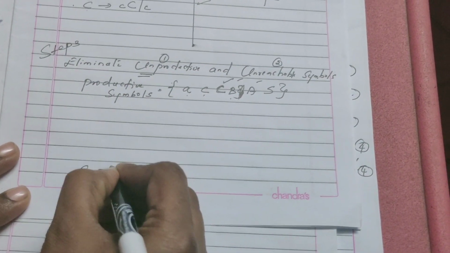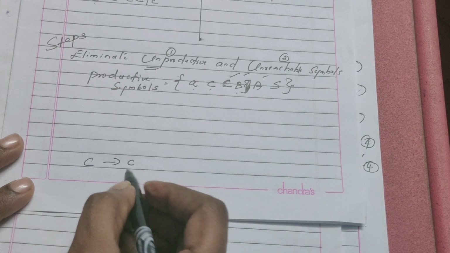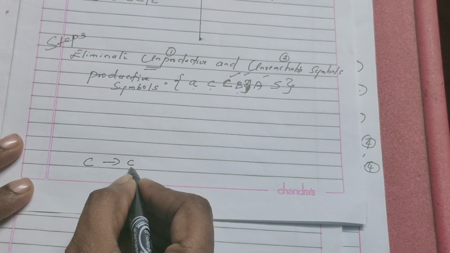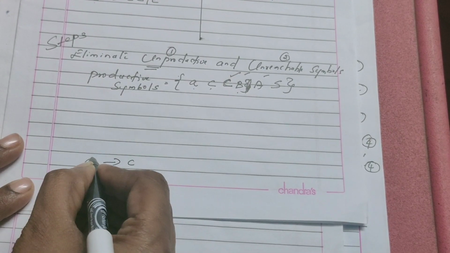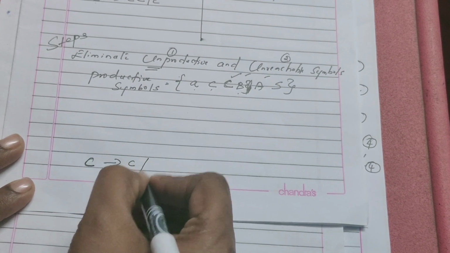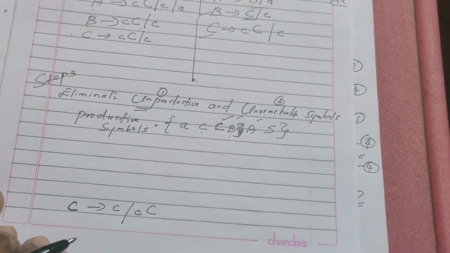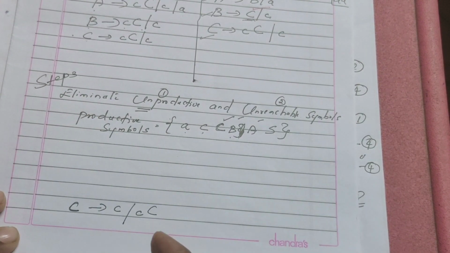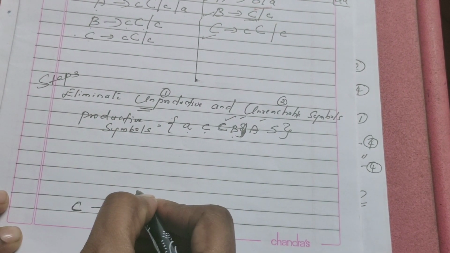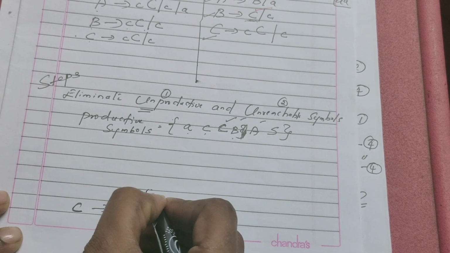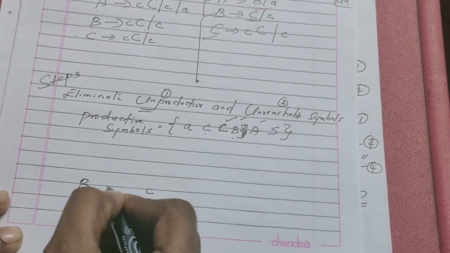C derives C becomes productive because of the terminal C, right? Since this variable C becomes productive, here I am including the production rule CC, which I have obtained from this step, right? And since the terminal C is productive, the variable B also becomes productive.